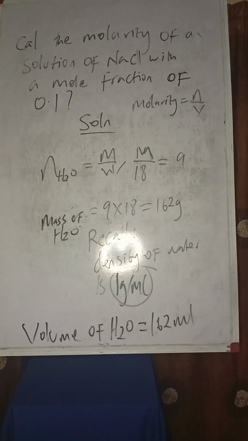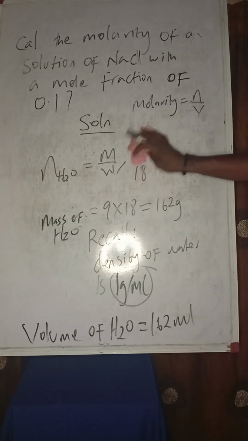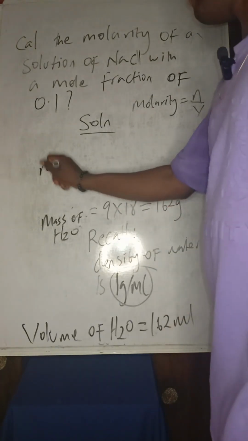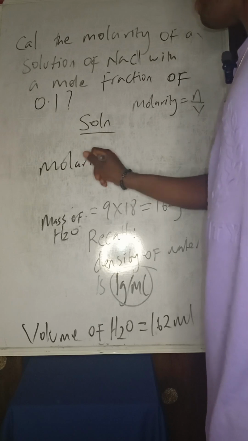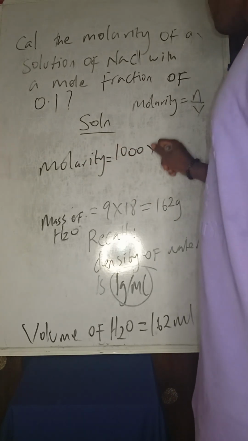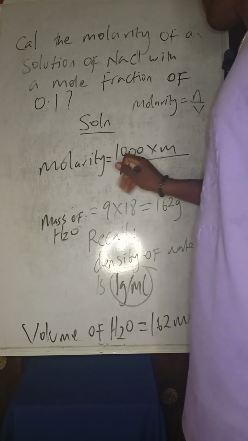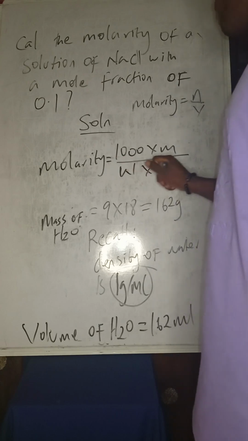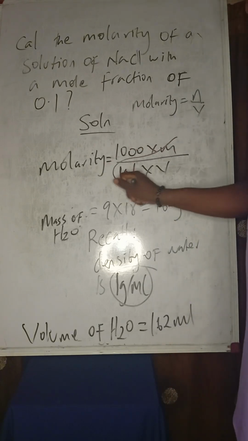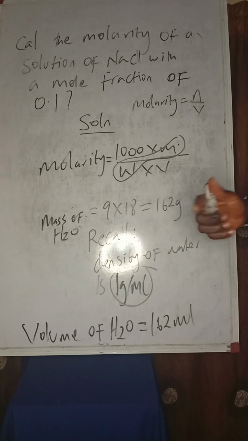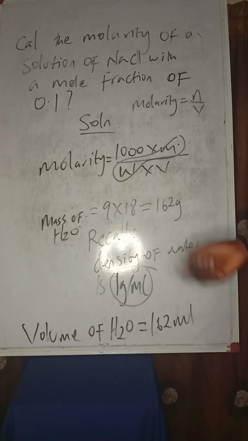Using our molarity formula, which says 1000 times mass of solute over molar mass, which is W, times volume of solution. It should be noted that these are for solute: mass of solute, molar mass of solute.